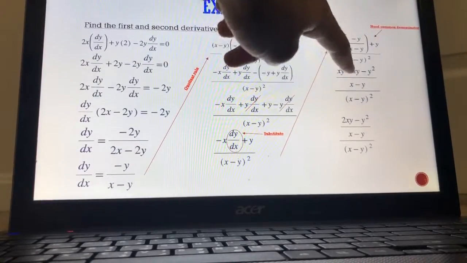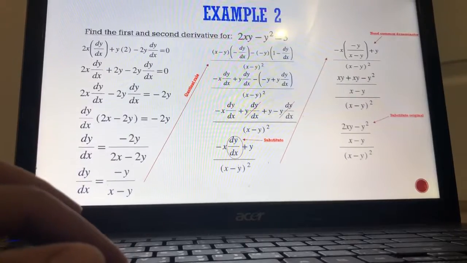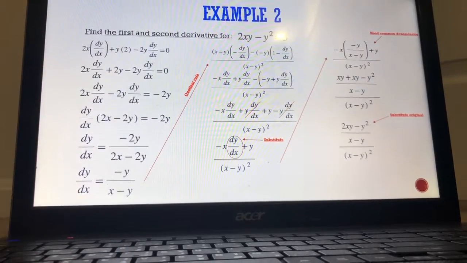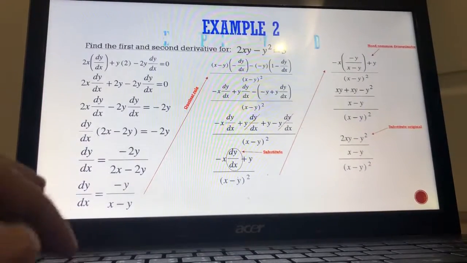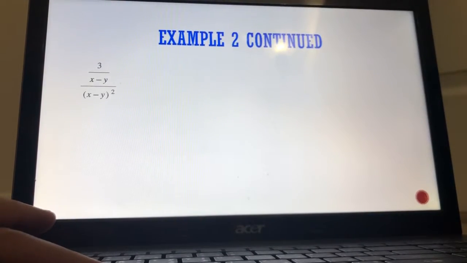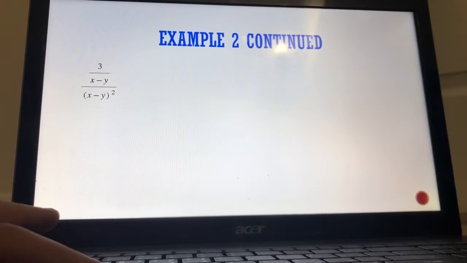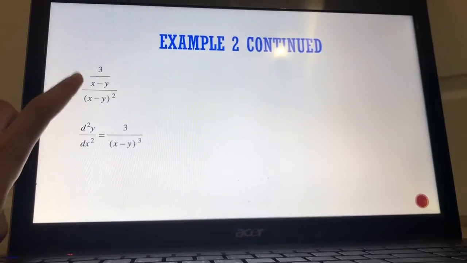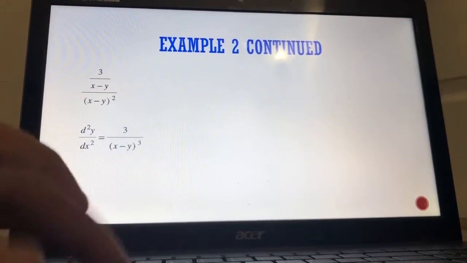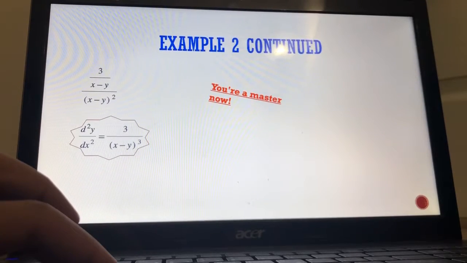So x plus y and x plus y will give us 2 times x plus y. And we have to substitute in the original because it's given to us right here. And then when we substitute in the original, it will be 3 over x minus y over x minus y squared. After that, x minus y and x minus y squared will combine to x minus y cubed on the bottom. And you are a master now.